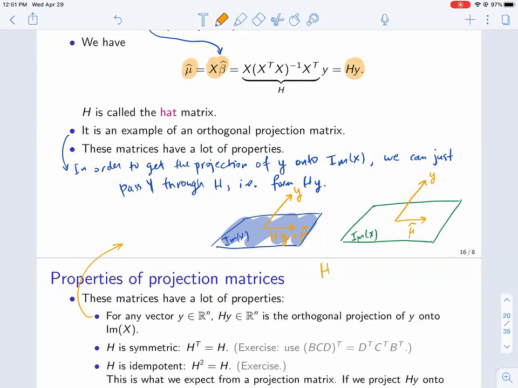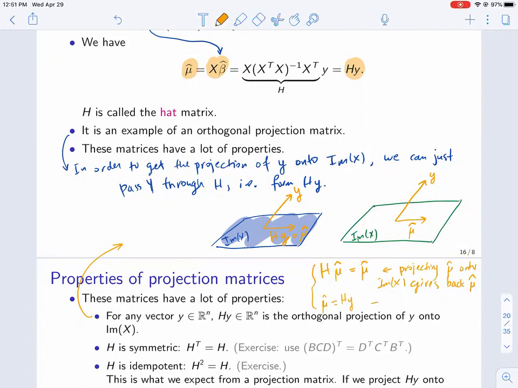In order to project mu hat, I have to multiply it by H. So this geometric idea, that because mu hat is in the image its projection is itself, says that H mu hat should be equal to mu hat. And mu hat is HY.